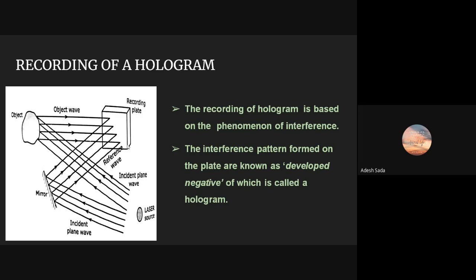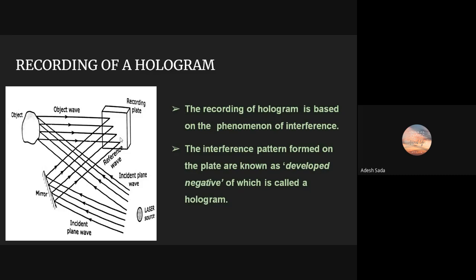This formed hologram is not as distinct as the original object, but it does contain information regarding the object wave in respect of its amplitude and phase, in fringe contrast as well as fringe spacing.